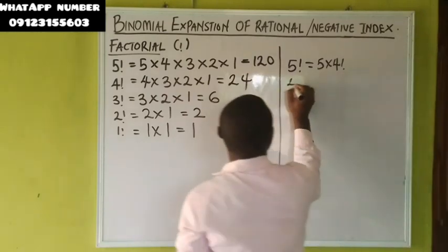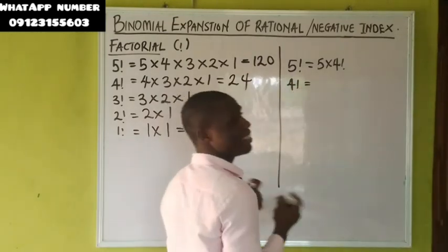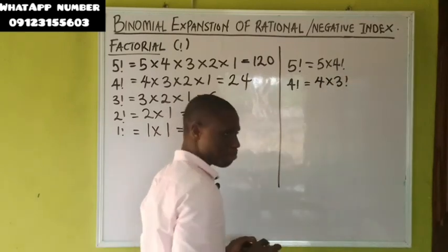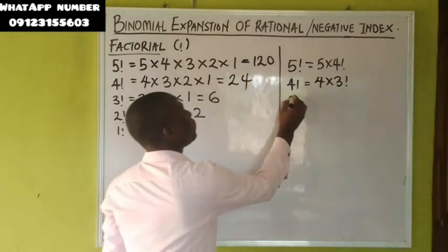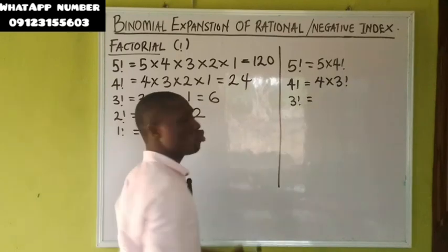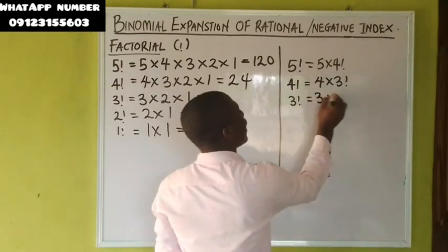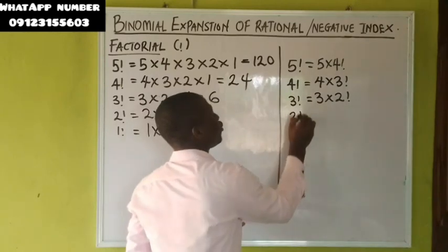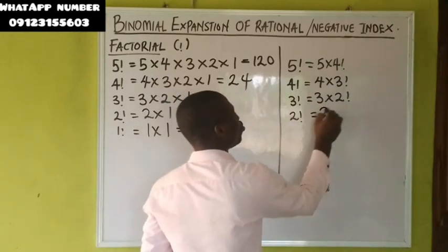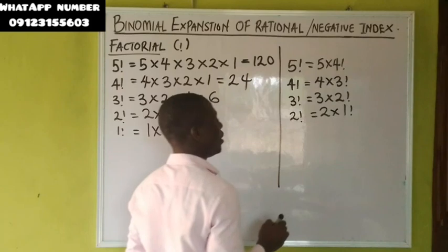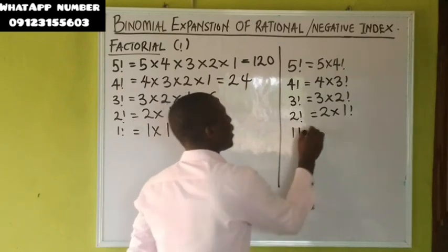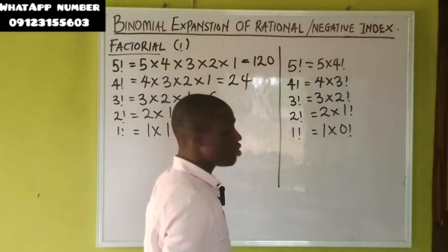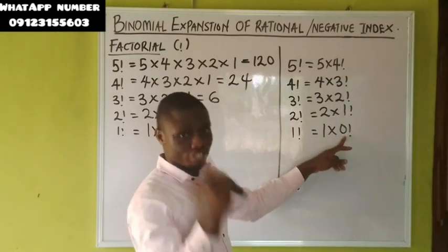Similarly, 4 factorial can also be written as 4 times 3 factorial. 3 factorial can be written as 3 times 2 factorial. 2 factorial becomes 2 times 1 factorial. 1 factorial becomes 1 times 0 factorial, because note, 0 factorial is 1.